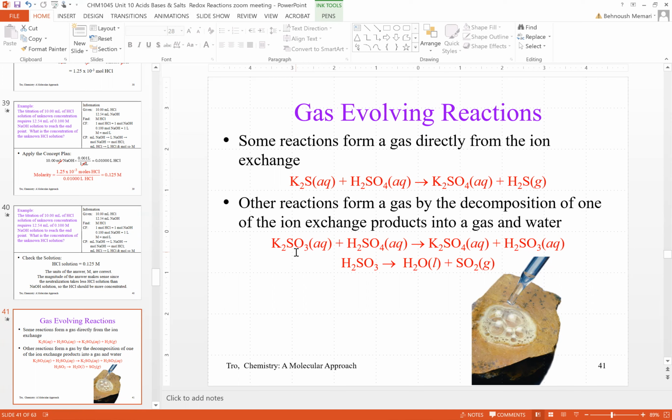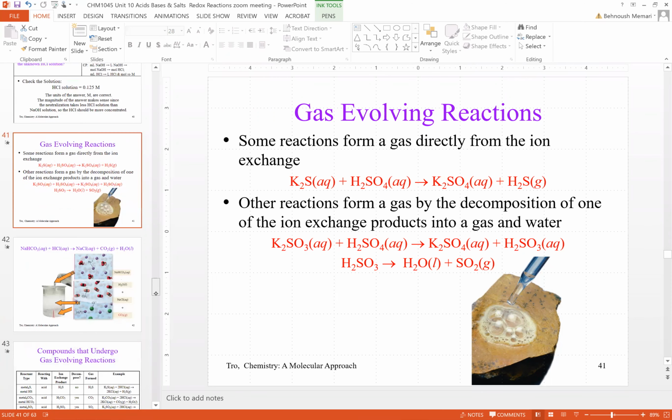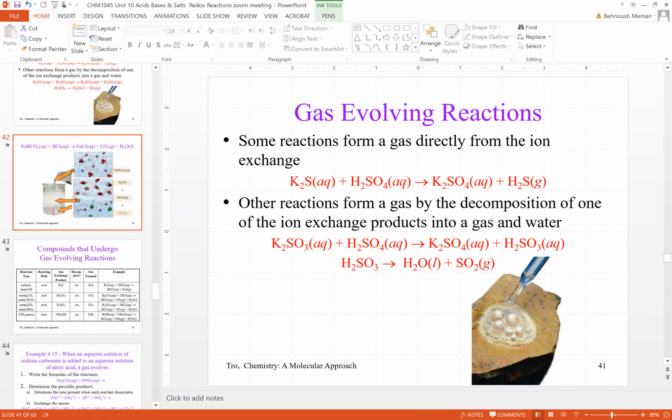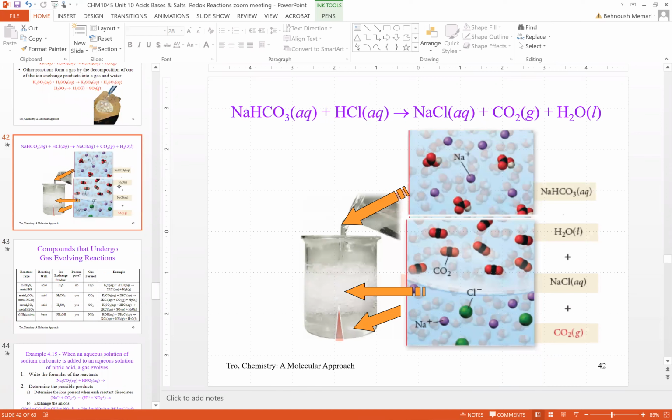Sulfite plus the acid would give you sulfurous acid, and sulfurous acid is unstable. It would decompose to H2O liquid and SO2 gas. Sulfides and sulfites are the examples.